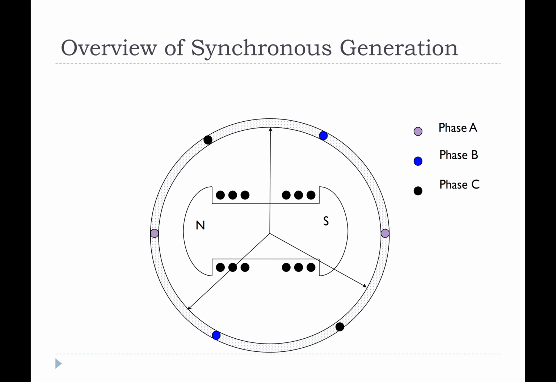So to give you an overview of the motor, we have the three windings of the stator, winding A to A prime, B to B prime, C to C prime, and we have a magnetic flux direction associated with each one of them.